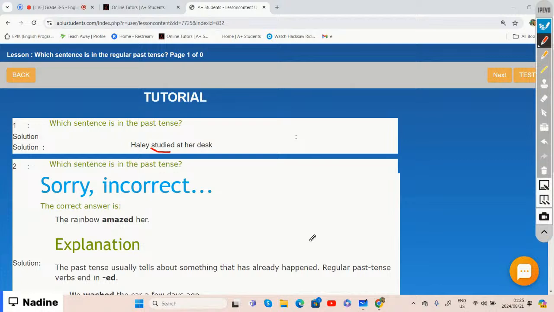So Haley studied at her desk. That is in the past tense. So yes.